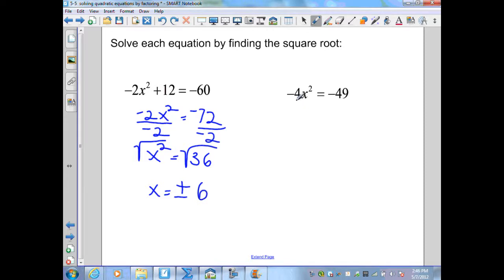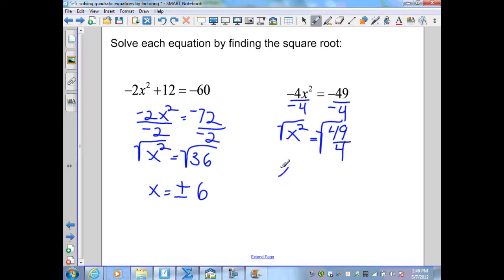Our next example, a negative 4x squared equals a negative 49. Here, I can divide by a negative 4 on each side. Because I already have my squared term isolated, I just need to get the coefficient to be a positive 1. That gives me x squared equal to 49 over 4. Now I can take the square root of both sides.